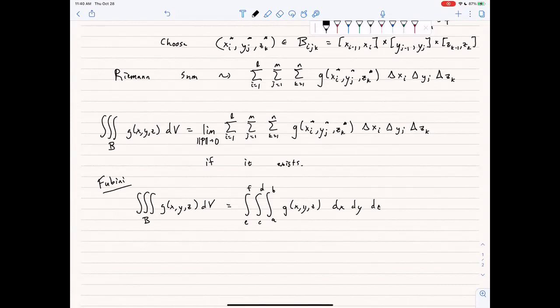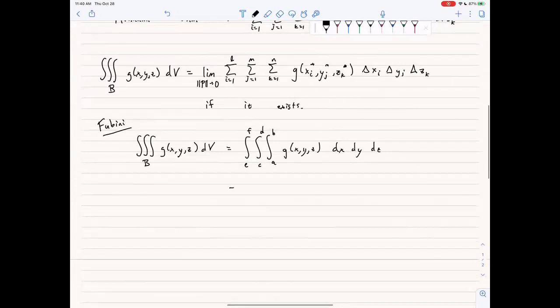And now I'll ask you guys, Fubini in two variables, if you'll recall, we had two equations depending on the order of integration. How many do we have here? How many possibilities?